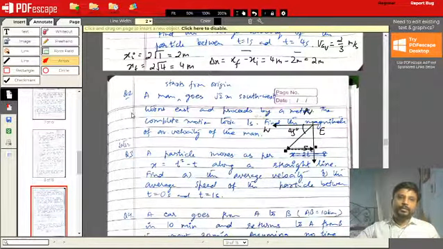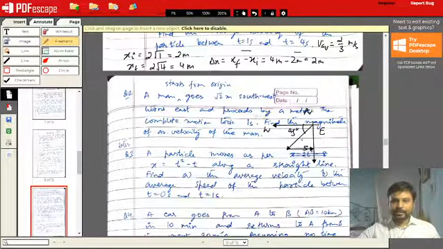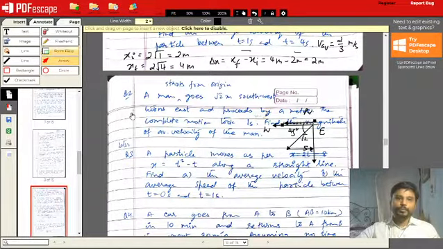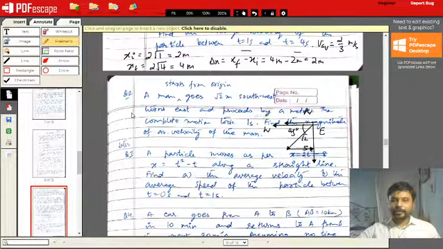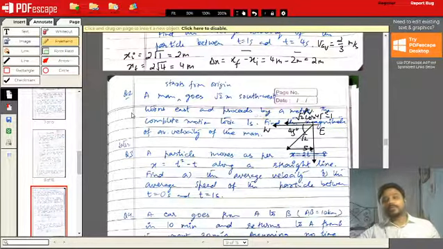If we calculate a little bit, you would see that this distance is root 2, and the distance which it has traveled along the west direction is root 2 cos 45 degrees. This distance is root 2 cos 45 degrees, which is 1, since cos 45 is 1 by root 2. So it has traveled 1 meter along west direction, and after covering this distance, it has traveled 1 meter along east direction.